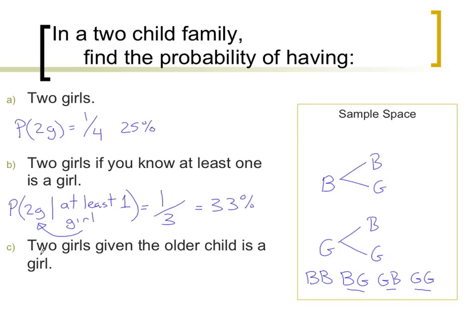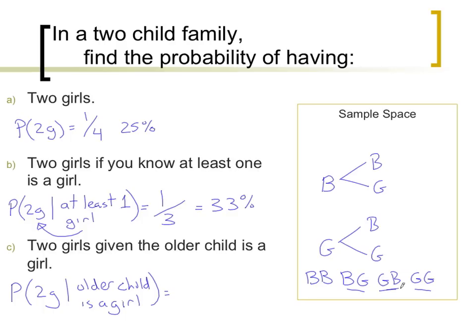Now in letter C, it says find the probability of having two girls given the older child is a girl. So we're looking for the probability of two girls given the older child is a girl. So now let's narrow it down with our given. So the older child is a girl.